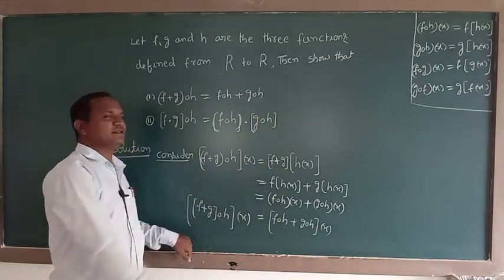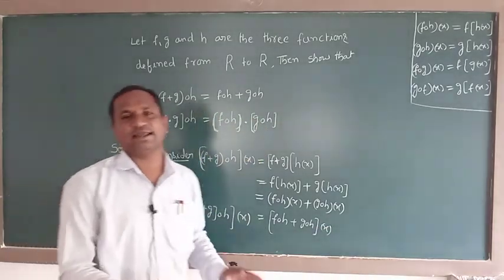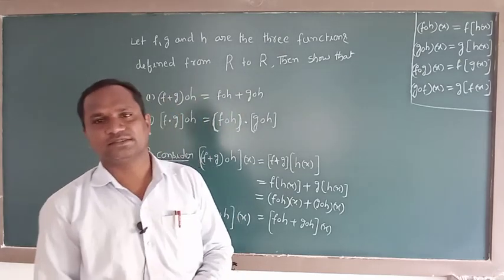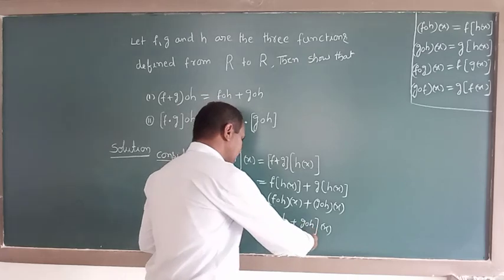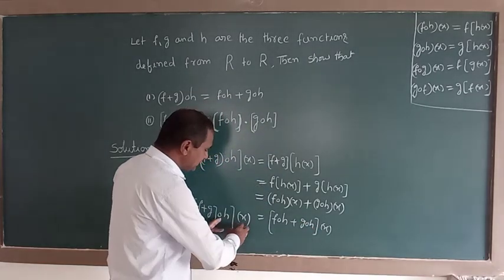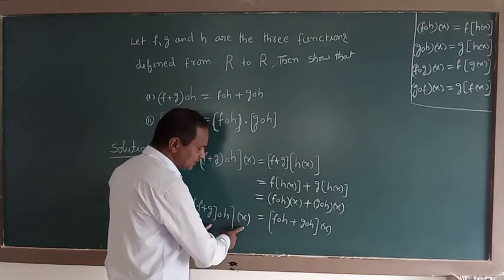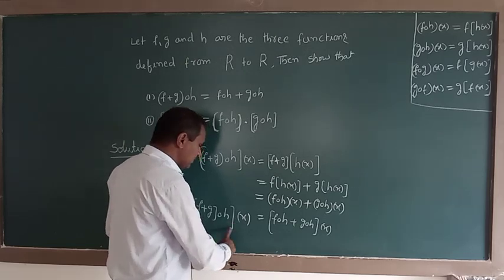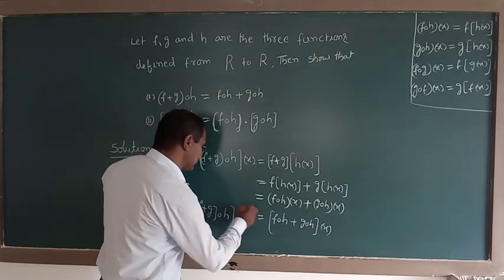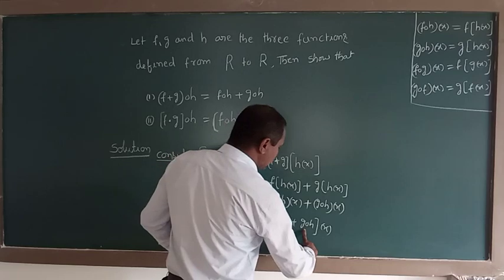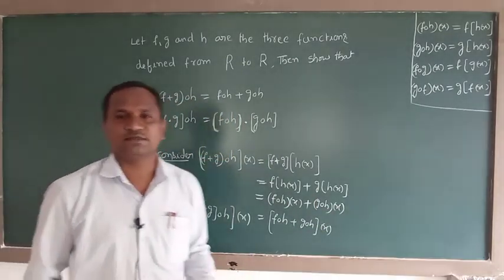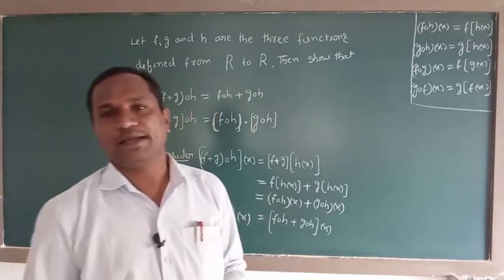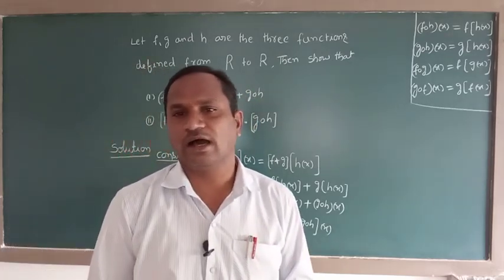By taking cancellations, but we should not actually cancel here, we just imagine left cancellation, right cancellation law, because x is at the right hand side of these functions. Now for this function x is at the right hand side, and for this function x is at the right hand side. You can imagine taking the right cancellation law.